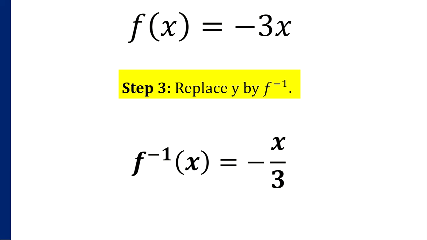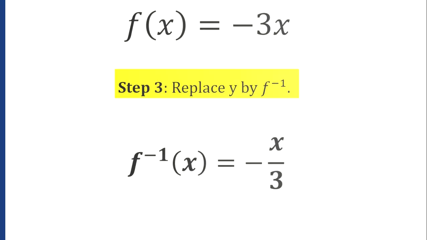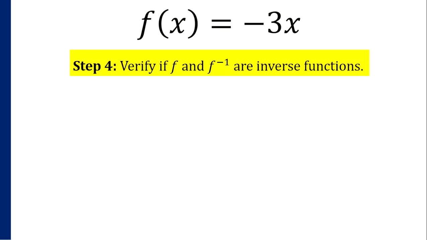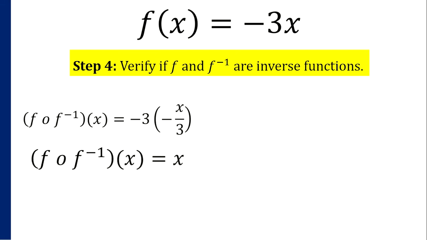Now let's verify if our answer is correct. So let's have the composition of the functions. F of f inverse of x: substitute the inverse to the function. So negative 3 times the quantity negative x over 3. As you can see here, we can eliminate that 3 and that results to x. And then the f inverse of f of x: substitute the function to the inverse function.